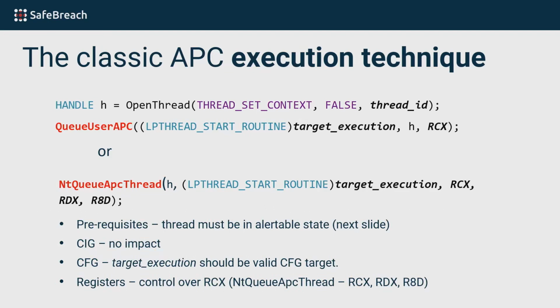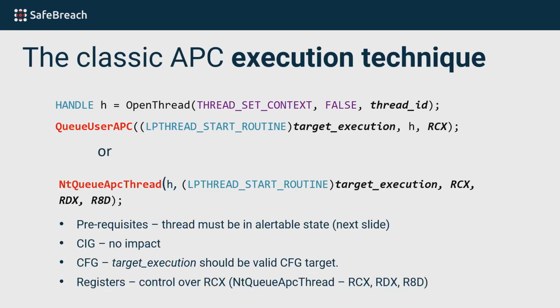CIG has, of course, no impact, and CFG requires that the target execution be a valid CFG target. As for registers, in QueueUserAPC we only control RCX, one register, one argument function, whereas in NtQueueApcThread, we control RCX, RDX, and the lower half of R8. So we have control over 2.5 registers.